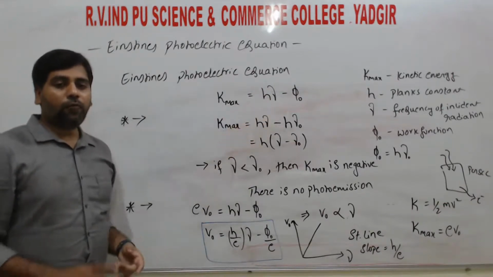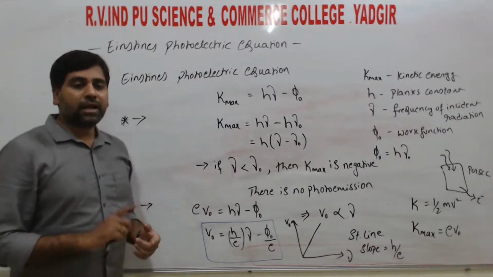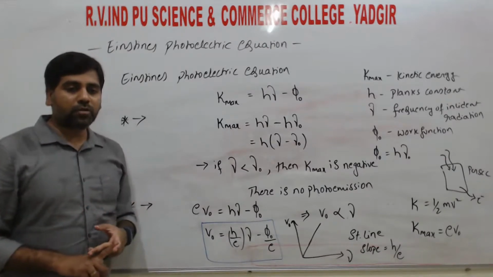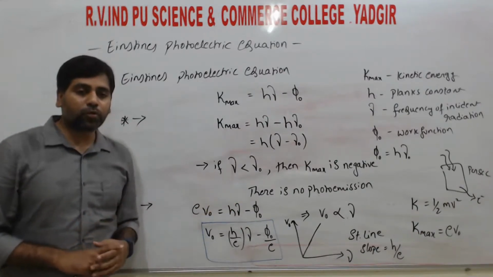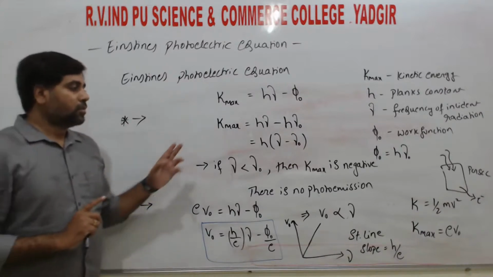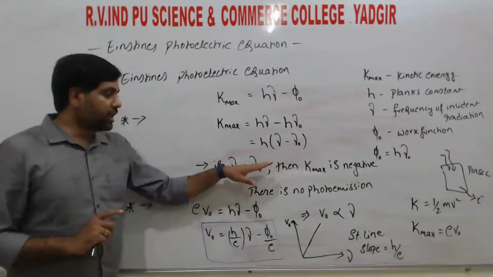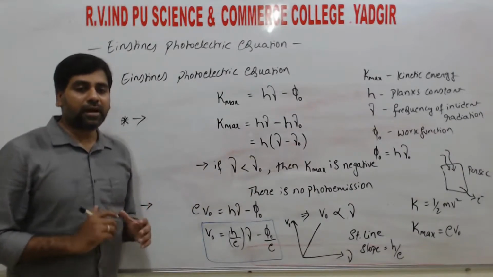In that, photocurrent is directly proportional to the intensity of incident radiation, kinetic energy is directly proportional to the frequency of the incident radiation, stopping potential is directly proportional to the frequency of incident radiation, and the kinetic energy is independent of the intensity of the incident radiation.